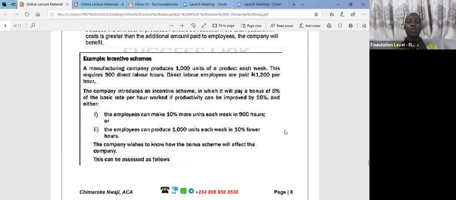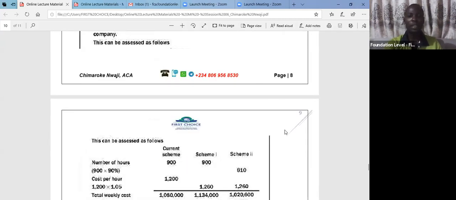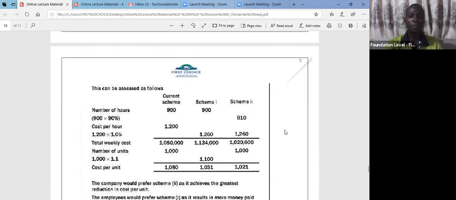Now, the company wishes to know how the bonus scheme will affect the company and perhaps the employees. So let's see how it's going to affect the company. Look at the current scheme.